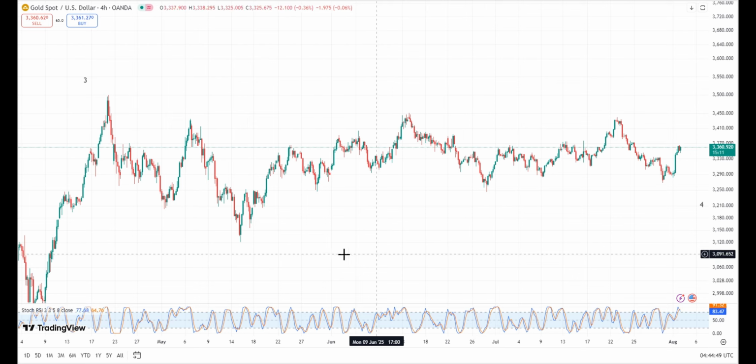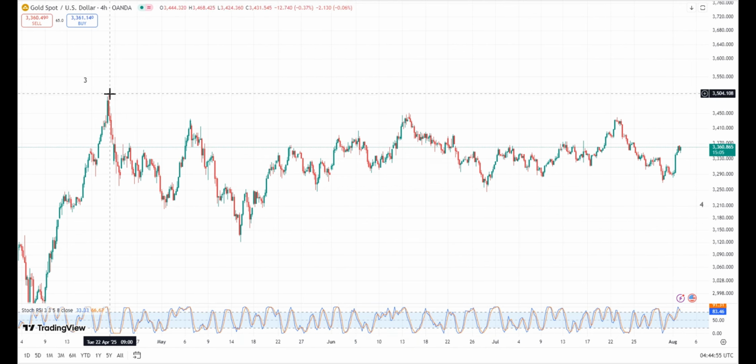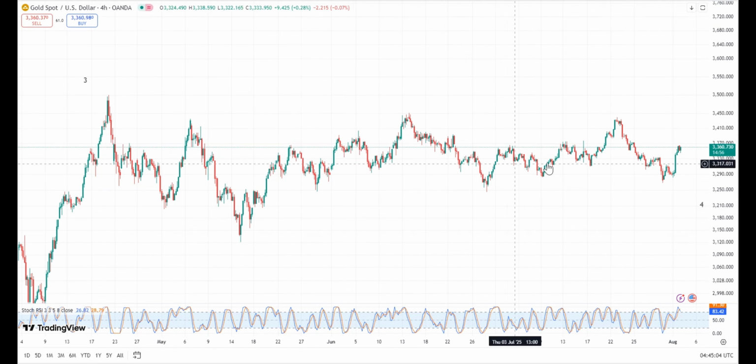So let's dive in. Here is the 4-hourly time frame for gold, the XAUUSD. You can see we have been consolidating, having this consolidation since April 22nd this year.